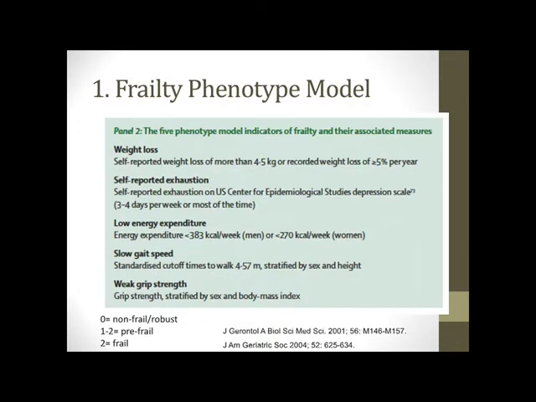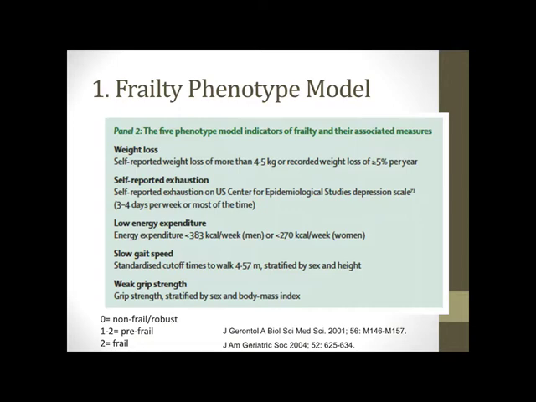So in terms of models, one of the most commonly used models, and if you have read any of the literature looking at geriatric incontinence in frail adults, a lot of them will use the frailty phenotype to try to operationalize what frailty is. This is probably the easiest one to use, and it came from the Cardiovascular Health Study done in the 1990s.